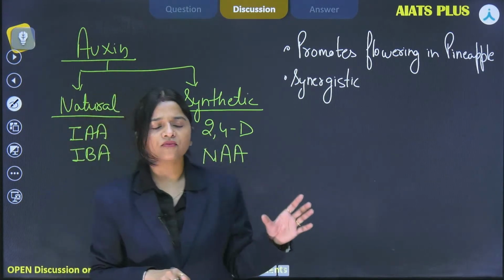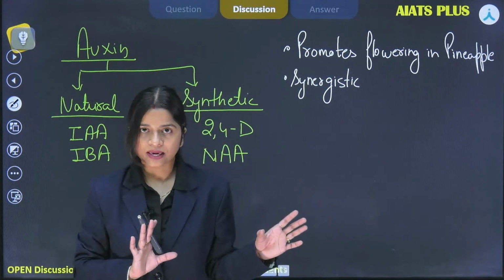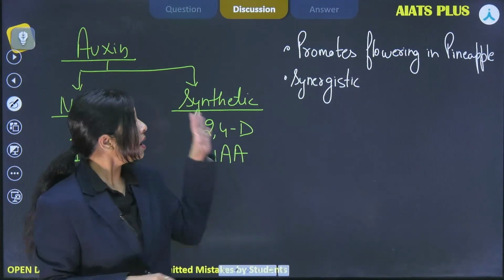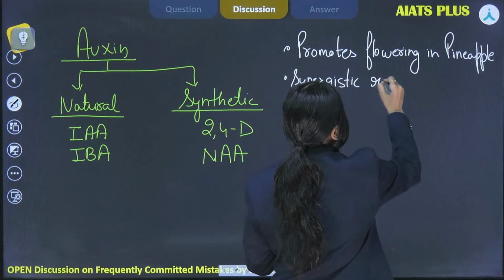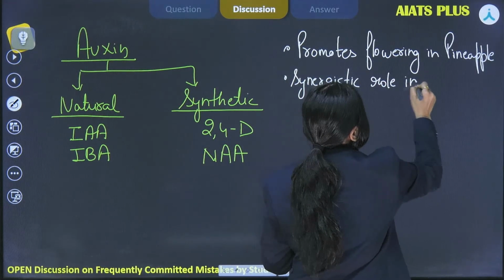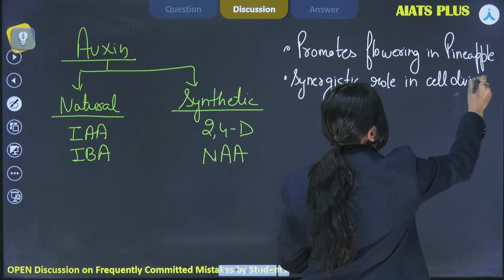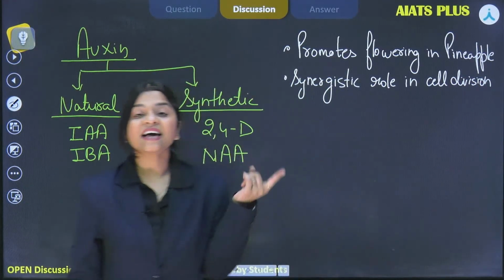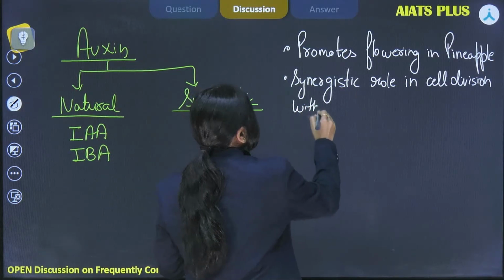That is, one hormone is performing a certain role, the other one is stopping that. So that is the antagonistic role. But here the synergistic role is in cell division, and with which hormone does it show this synergistic effect? With cytokinin.